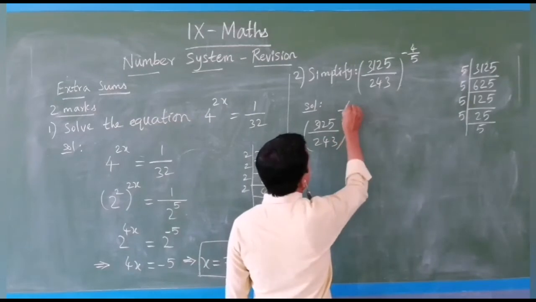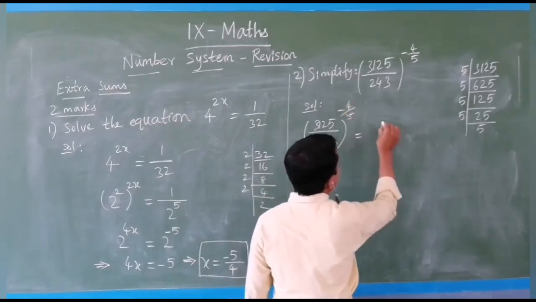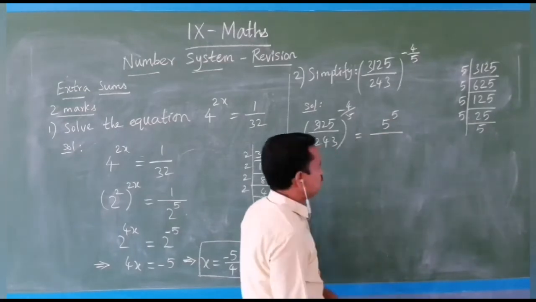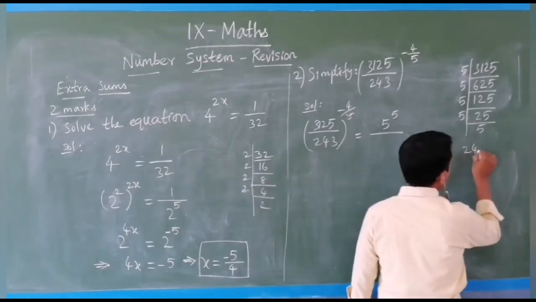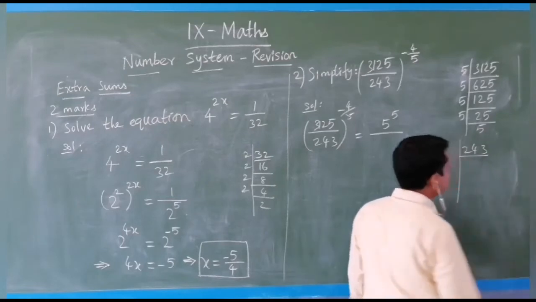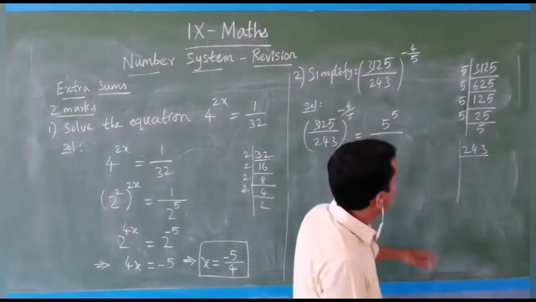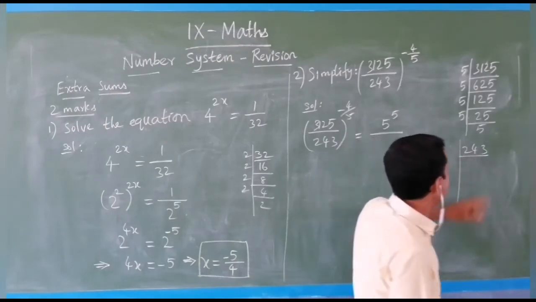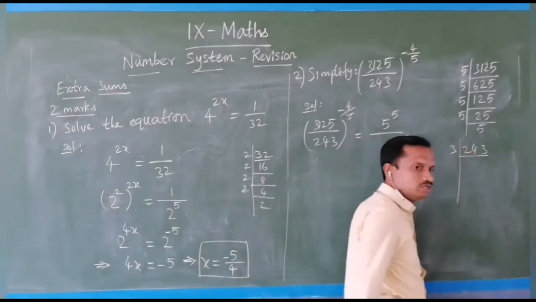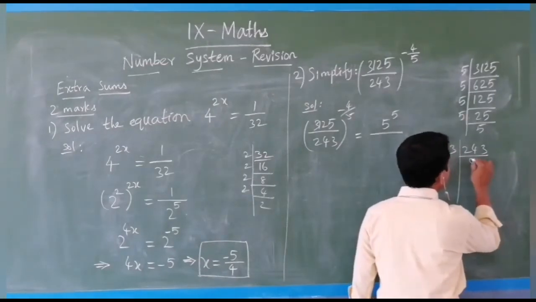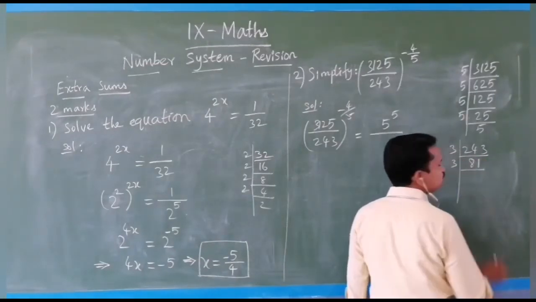Whole to the power minus 4 by 5. We can write as 5 to the power 5 by, and 243. Again you have to try the prime factorization. So what table can you use here? Can you try the 7 table or the 3 table? 3 table only is applicable. So 3 8s are 24, and then 3 1s are 3. So again 3 table.